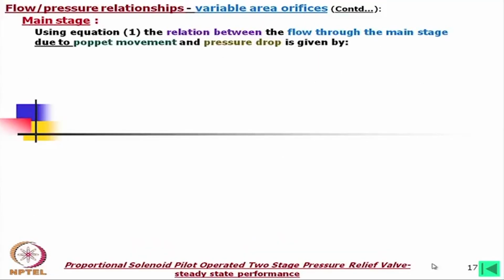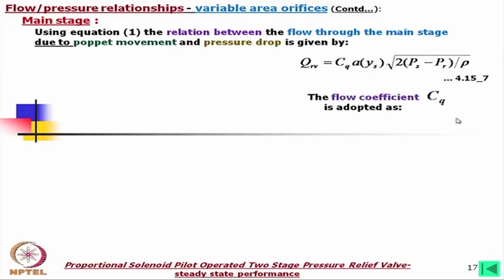Now, the flow pressure relationship for the variable orifice of the main stage can be written in this form. C_Q is the flow coefficient. Here, instead of coefficient of discharge, we call it the flow coefficient, and C_Q can be written in this form, where Re is the Reynolds number, 0.42 like this.